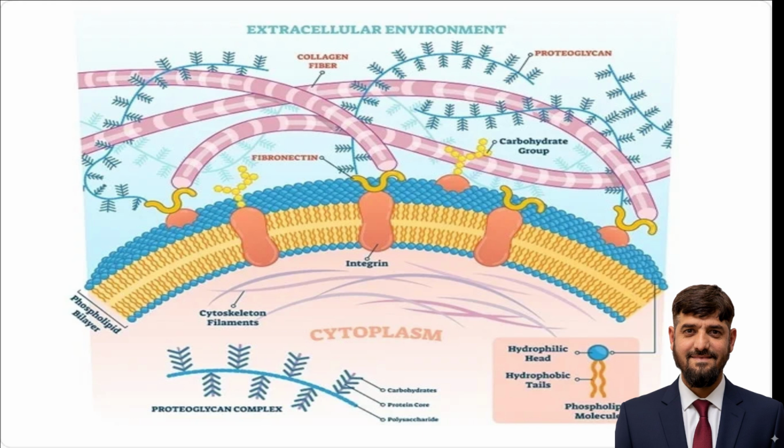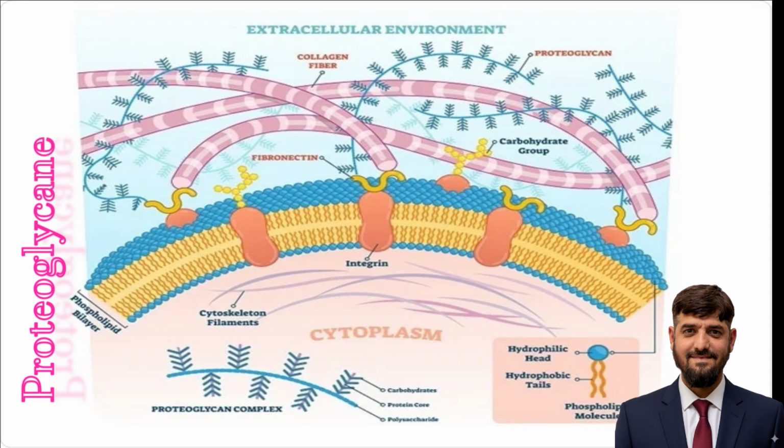The second is proteoglycan. So, in most connective tissue, glycosaminoglycans are attached to protein, forming complex known as proteoglycans. A proteoglycan consists of a core protein and multiple GAG chains attached to it.